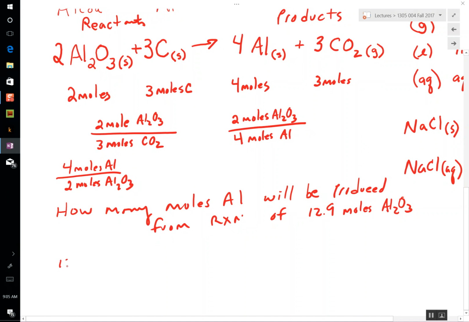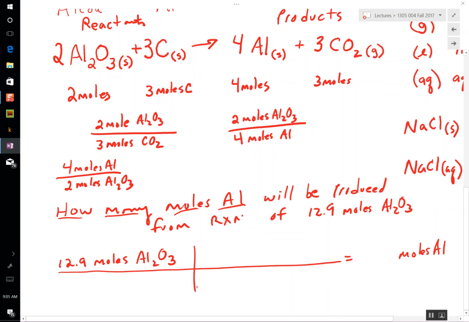So here's our given. We got 12.9 moles of aluminum oxide. And I want to know moles of aluminum. That's what I said. How many moles of aluminum? That's the question. So based on my balanced chemical equation, I need a ratio here that has moles.